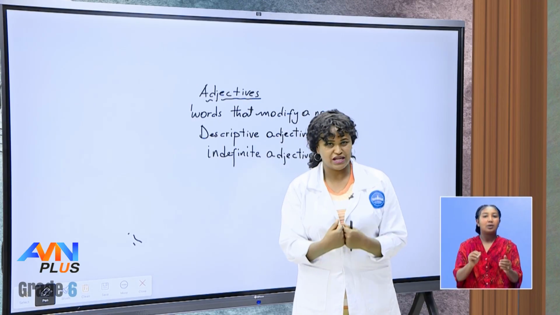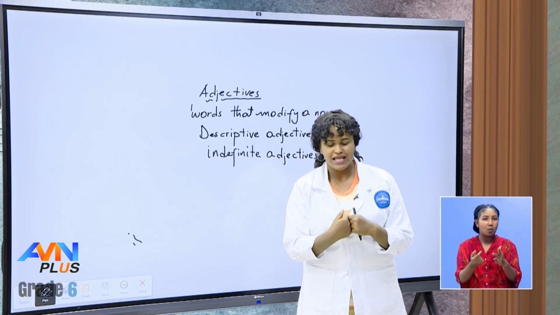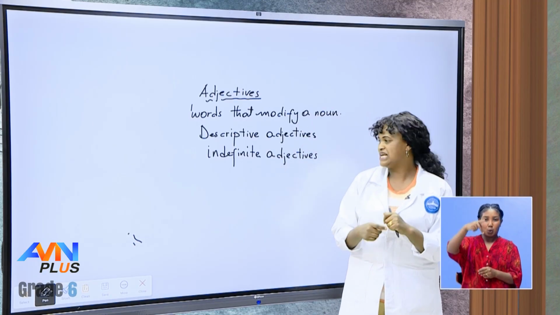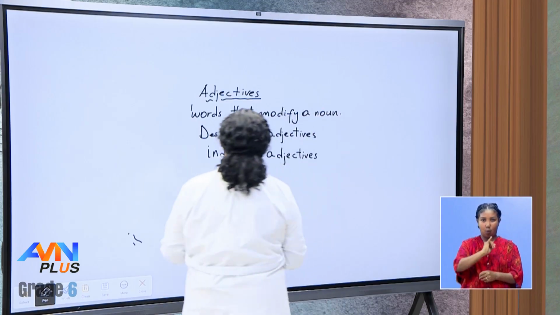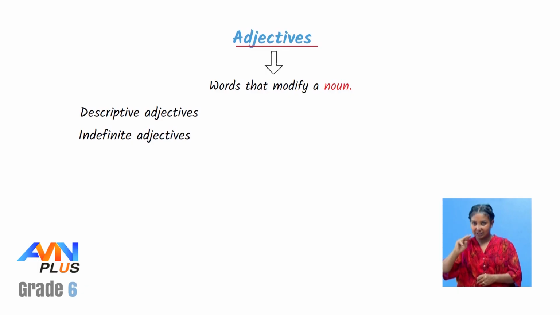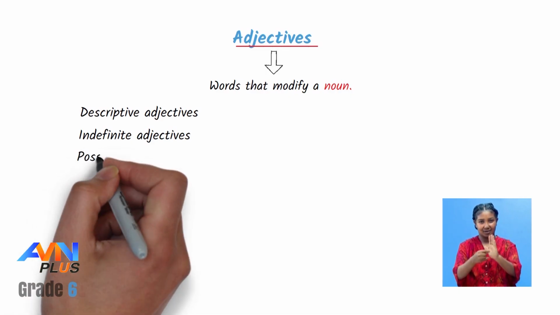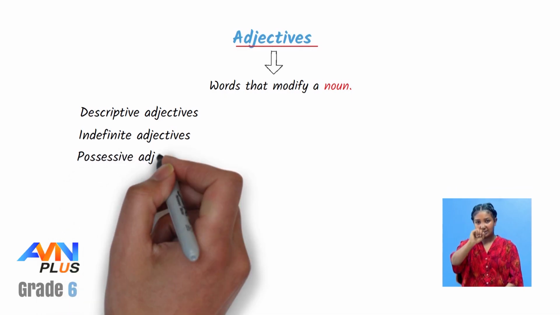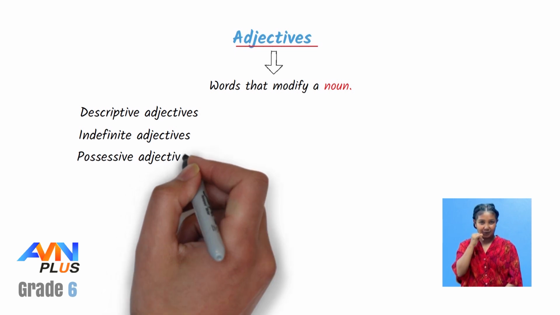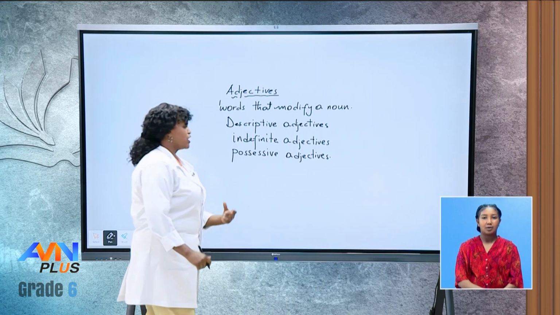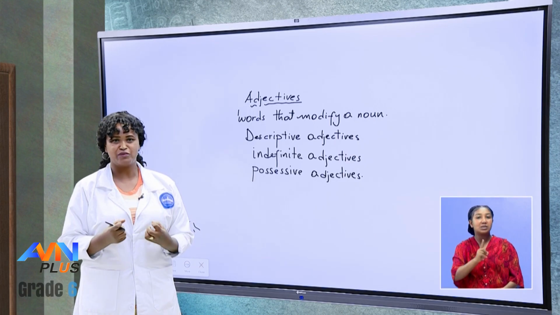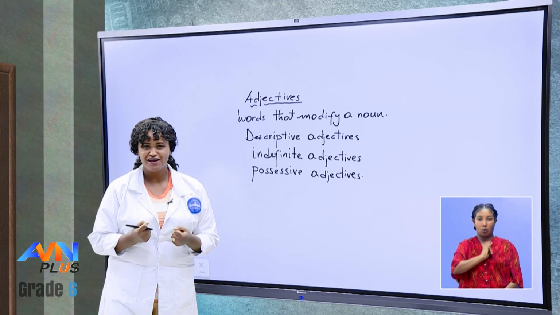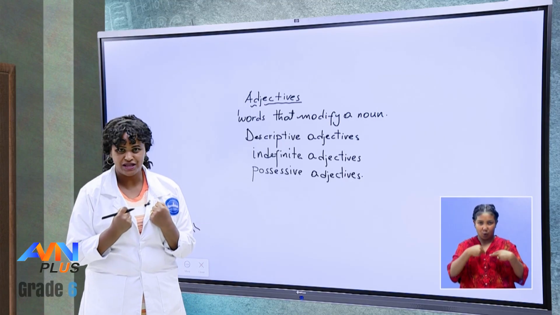How about the other categories? Yes, possessive adjectives. Good. When we say possessive, to possess something means to own something or to have something, yeah?